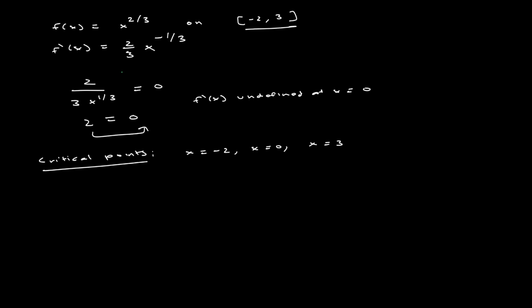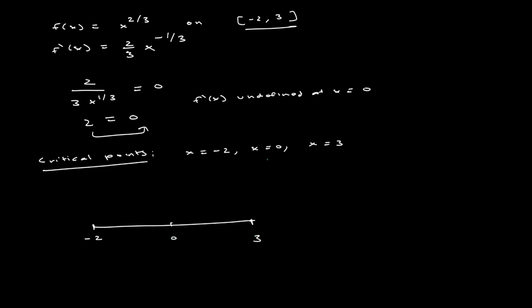And so now, how do we go about classifying each of these points, what kind of minima or maxima they are, or whether they are or not? One thing we can do is have this little number line. So -2, 0, 3.